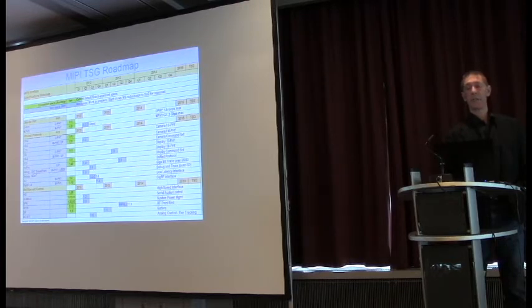I'm not going to go through the details of this. I think one of the more interesting ones is that one of the success stories of MIPI really is the PHY. It's really the crown jewel, many of us believe, for MIPI. In particular D-PHY, and now what's upcoming in the M-PHY.